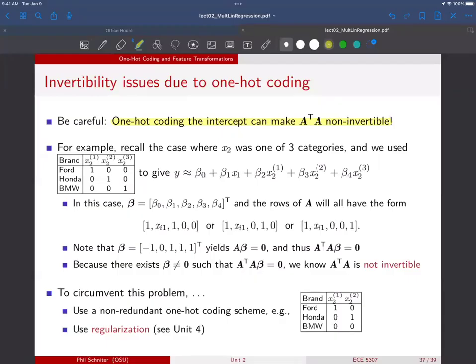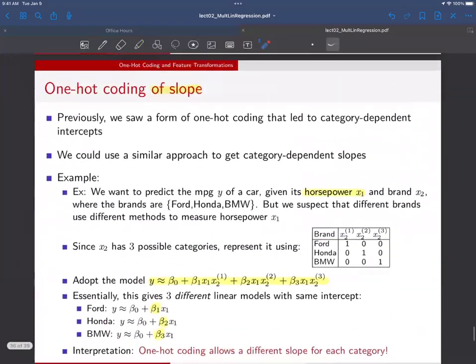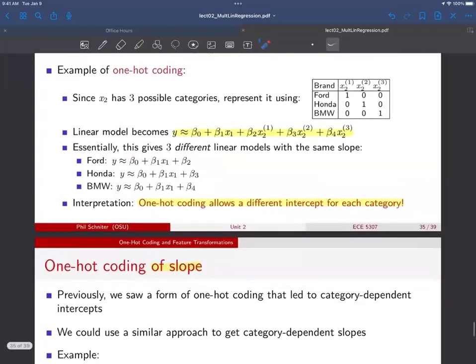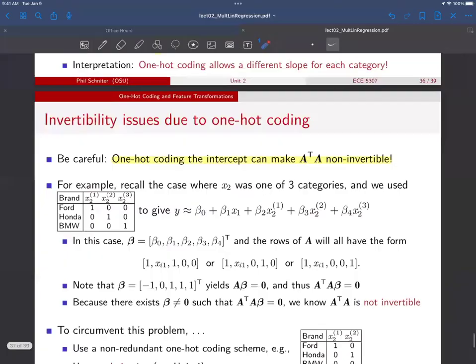Essentially, when you're doing intercept-only one-hot coding using the scheme that we talked about before, you end up getting more variables than you need. So here we have 1, 2, 3, 4 different variables that we're using to model 3 intercepts. So there's a redundancy there that is going to hurt us in the sense of making a certain matrix non-invertible.